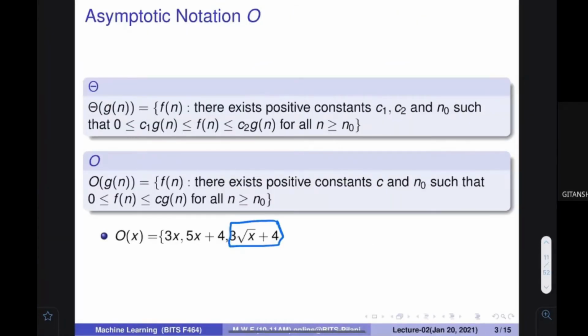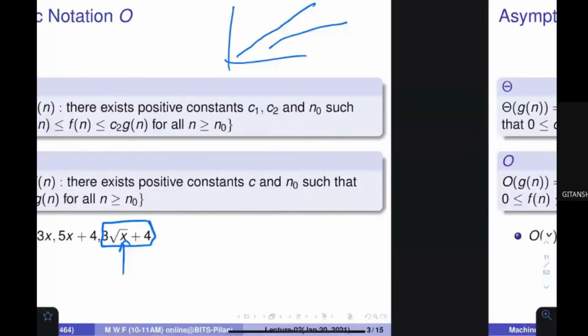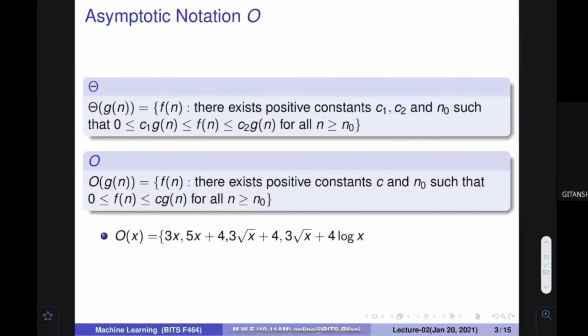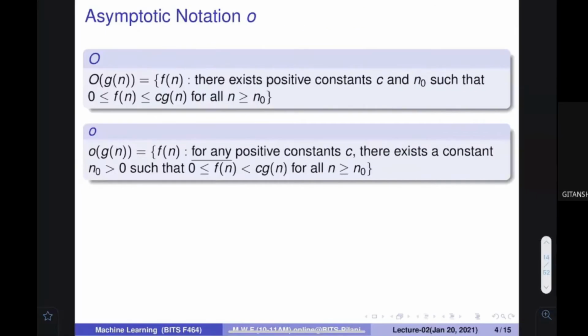For example, 3 under root x plus 4. You know that under root x would be lesser than x, so this function would also come into big O. So 3 under root x plus 4 log x, log x is also a smaller function, so this would also come here. Definitely the constant would come here. In this way, we can create this set.